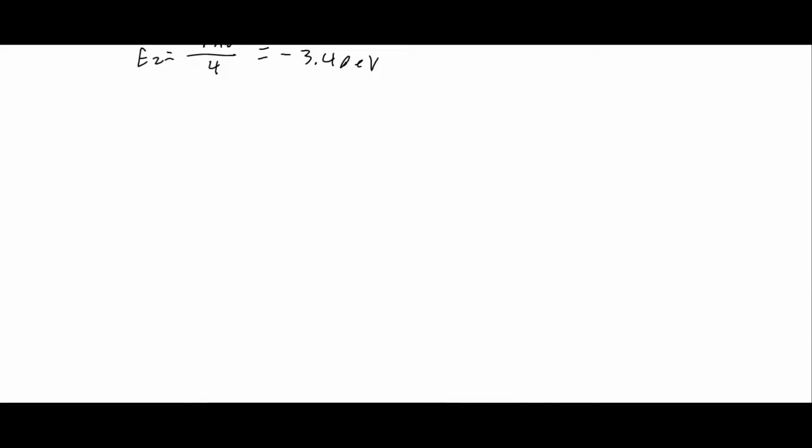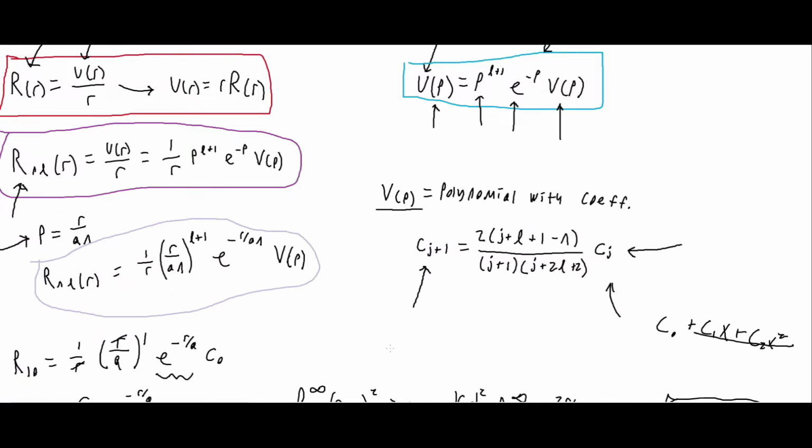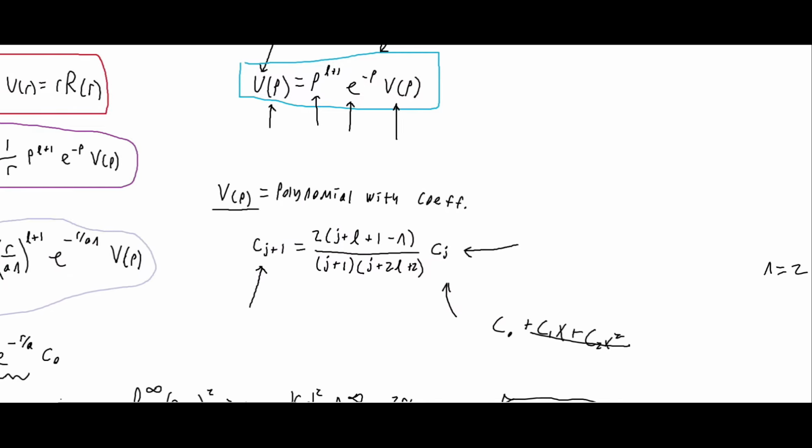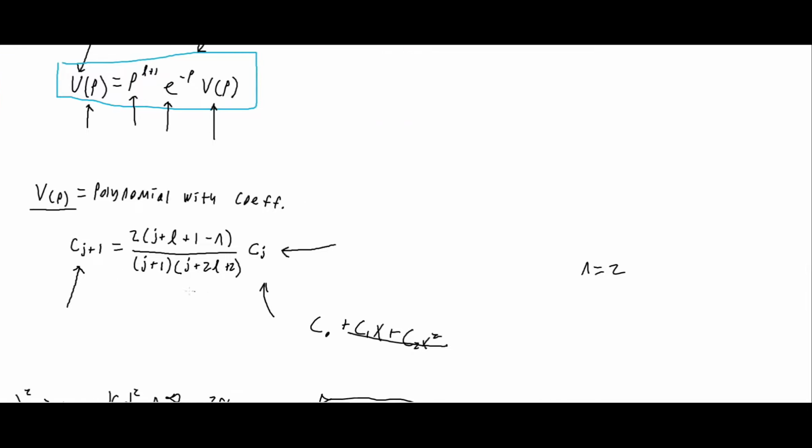And so then if we do our recursion formula for this next state, what we find again is that we have our C naught as the first part of our polynomial. So we have our C naught, and then the next part, remember, it's going to be C1x sort of form.